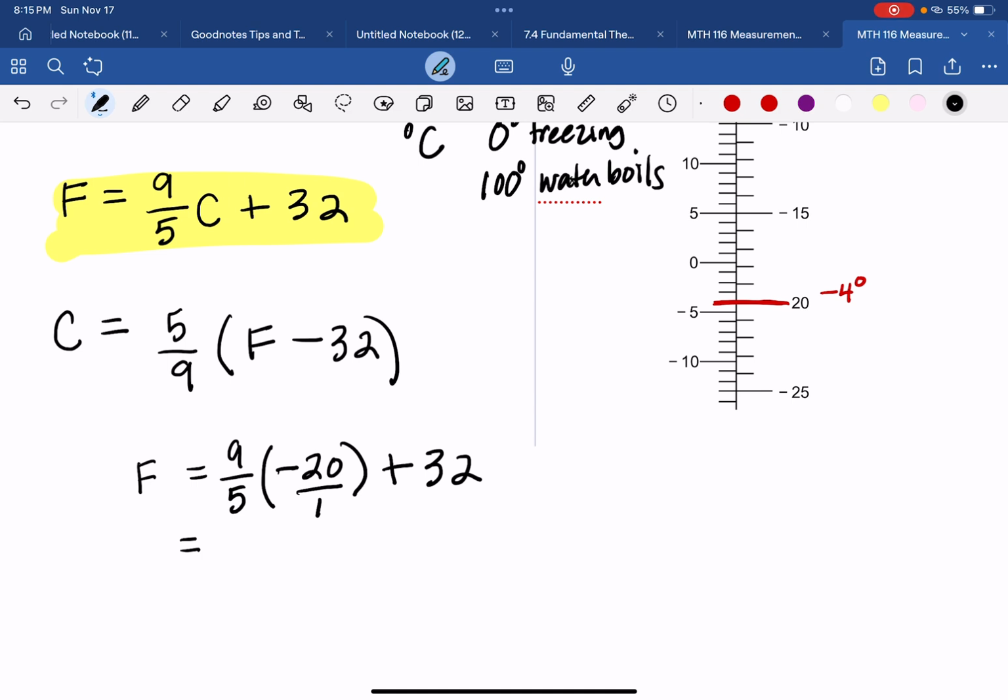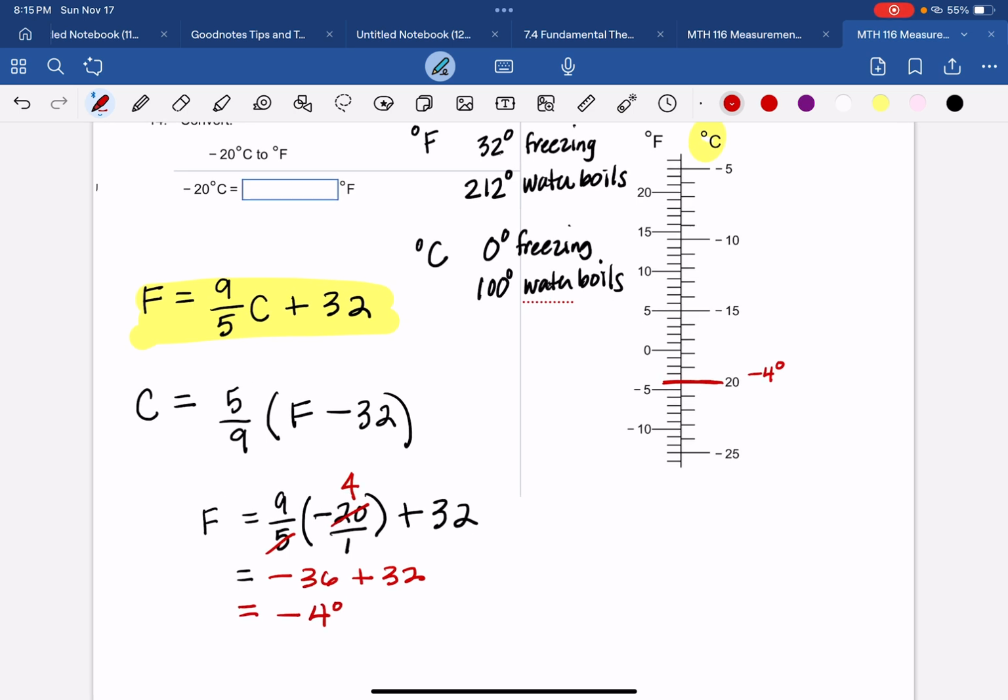So you can do top times top, bottom times bottom, or we can take a little shortcut and say 5 into 20 is going to be a 4. And I've got a positive times a negative, so that's going to be negative 36 plus 32, and that does in fact come out to negative 4 degrees. So negative 20 degrees Celsius is negative 4 degrees Fahrenheit.